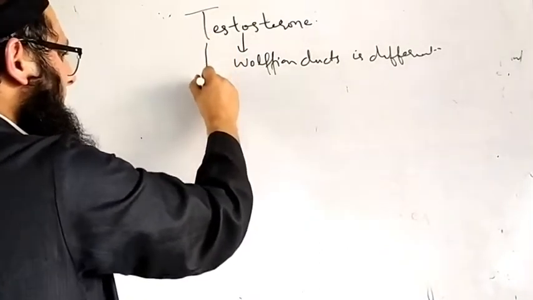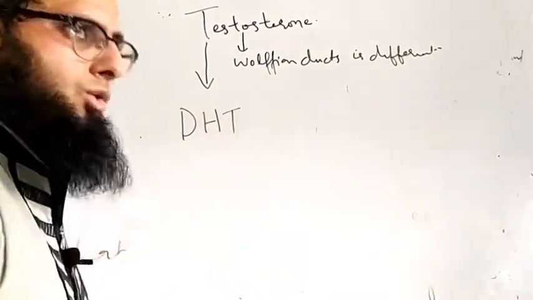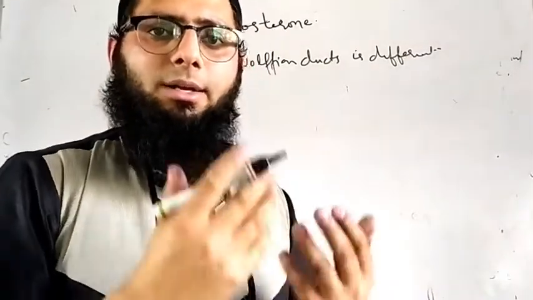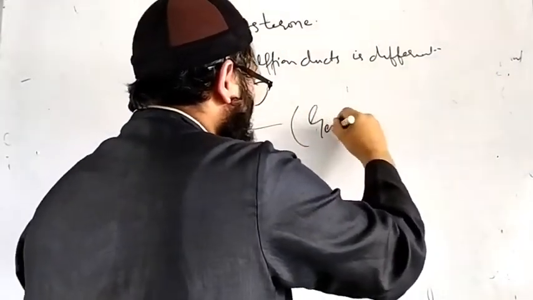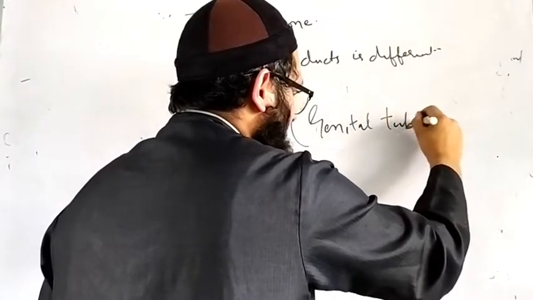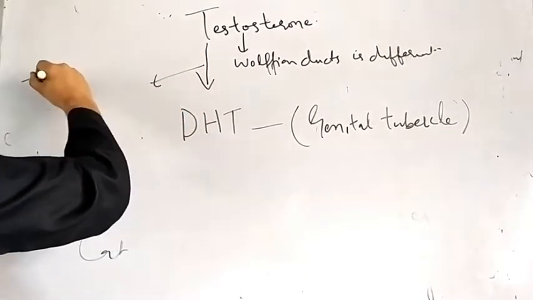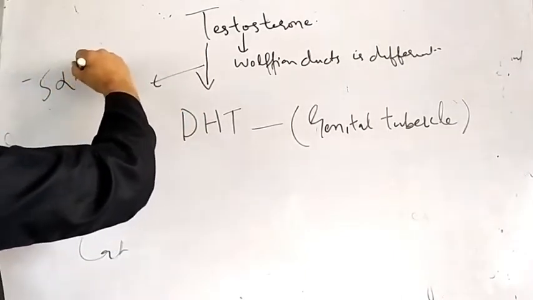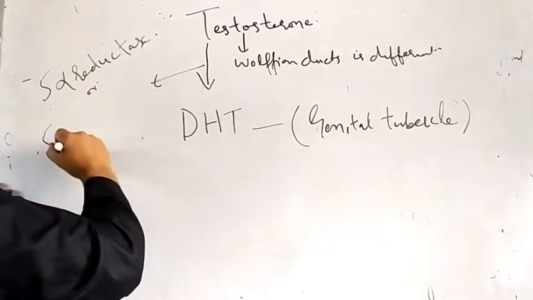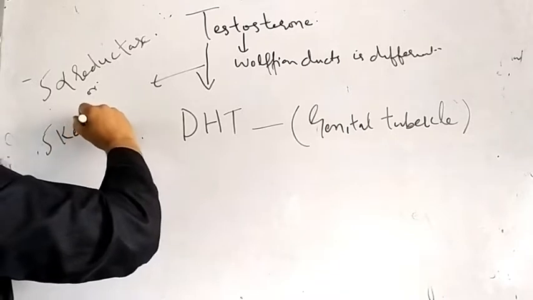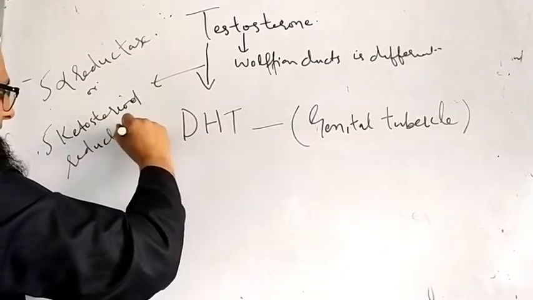Another thing, this testosterone gets converted into DHT, dihydrotestosterone, in the genital tubercle, through an enzyme known as 5-alpha reductase, or its actual name, steroid 5-alpha reductase 2.